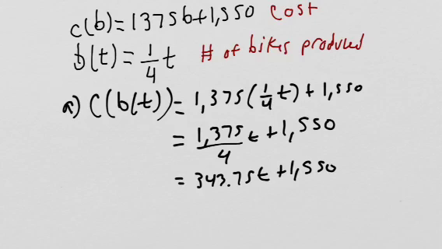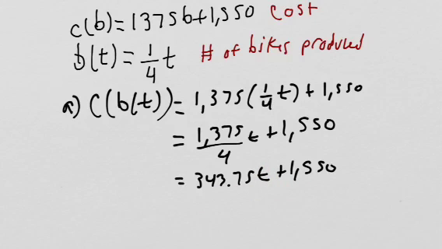Alright, so what we have here is this function will tell us how much cost we have per hour, essentially, because every hour we know that we're going to produce 1/4 of a bike. So every hour is going to cost about this much money.